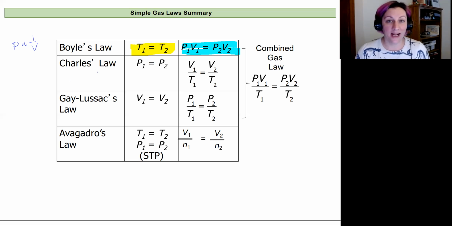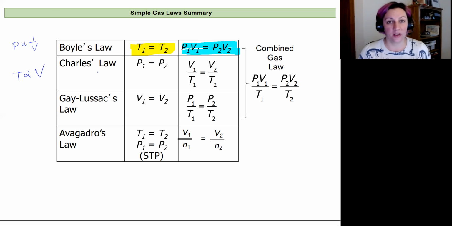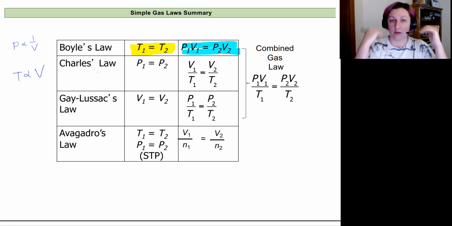We then saw in our practice problem with Charles' law that temperature was proportional to volume. And that relationship can then be described in that same before and after equality, where we take our system of temperature and volume, that if temperature increases, volume will increase.